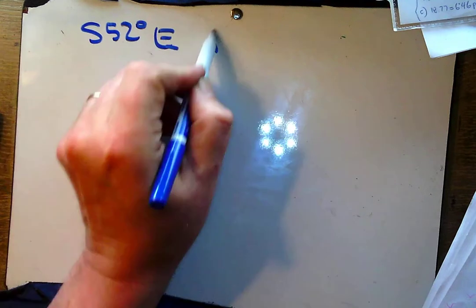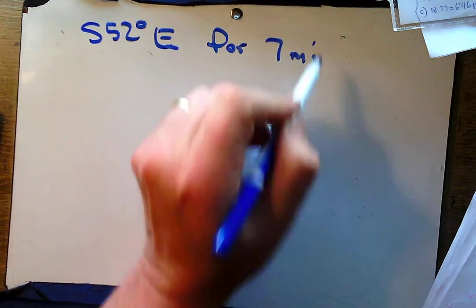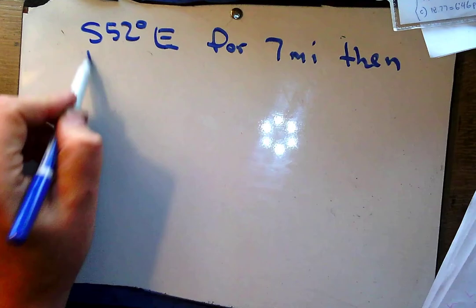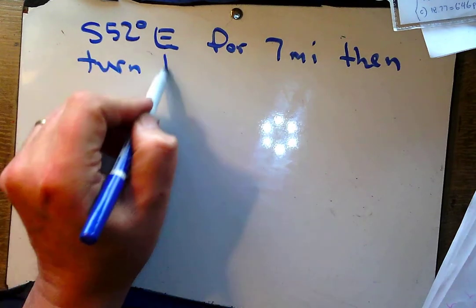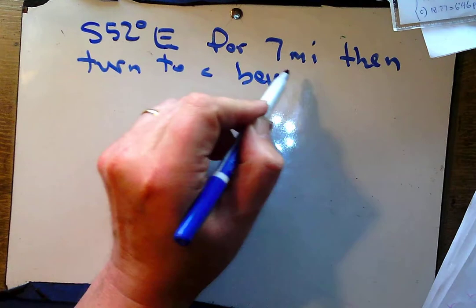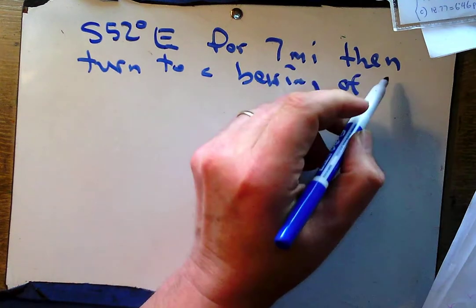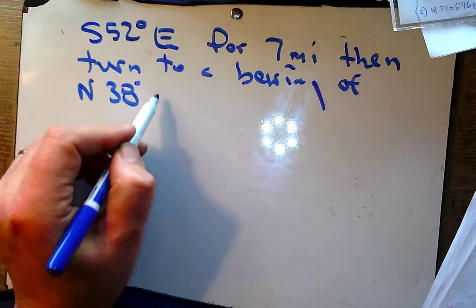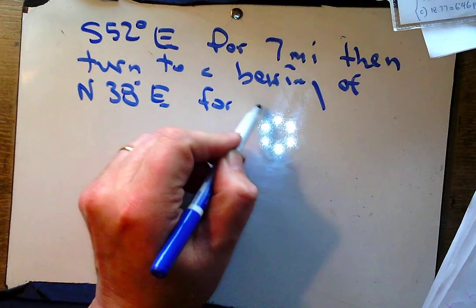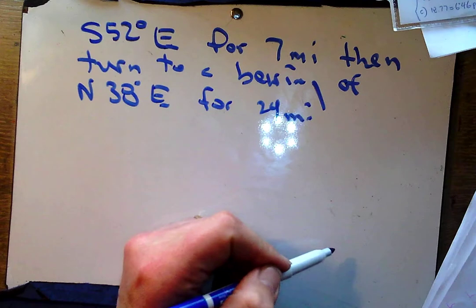Now, what does this look like in a trig word problem? Well, let's say this. I'm going to change pen. Let's say south 52 degrees east for 7 miles, then turn to a bearing of north 38 degrees east for 24 miles.